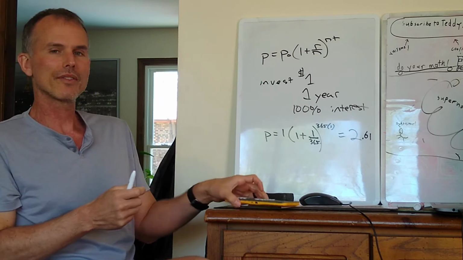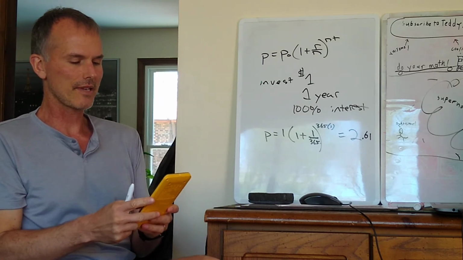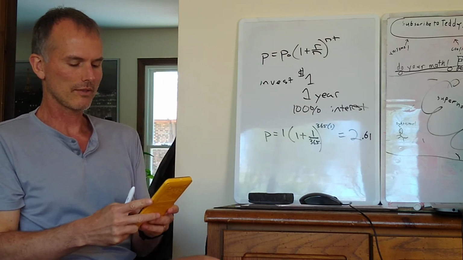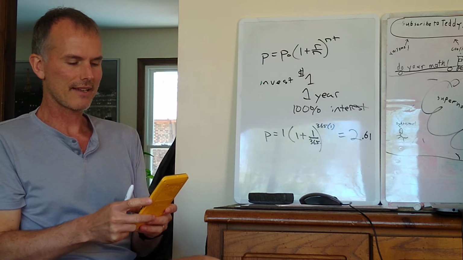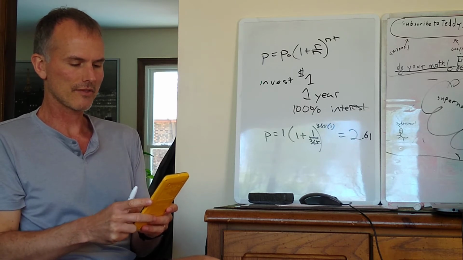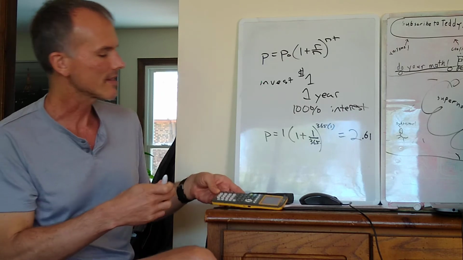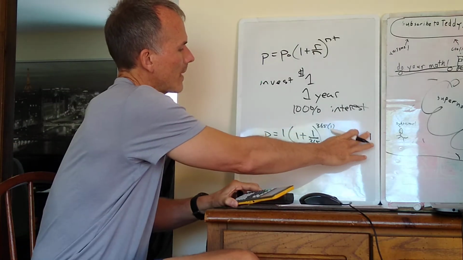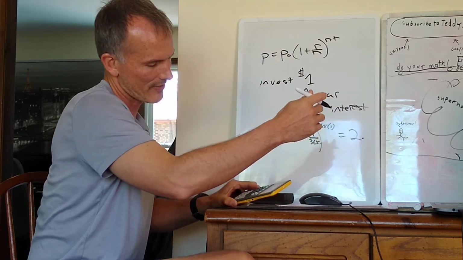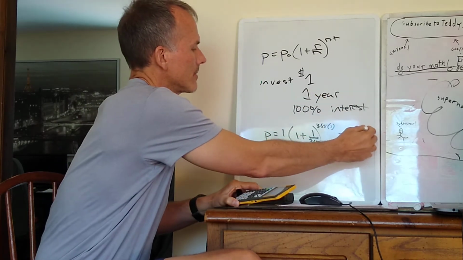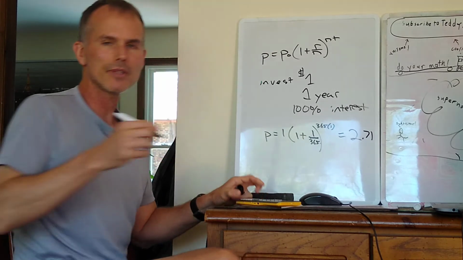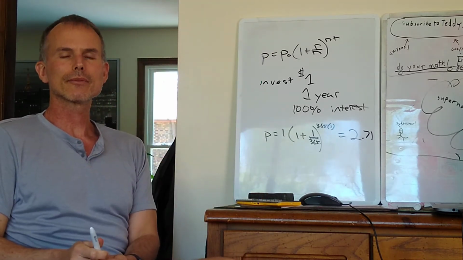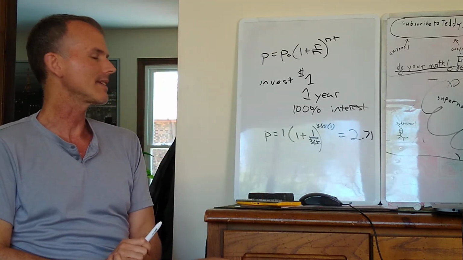Let's see what shakes out on the calculator: 1 plus 1 over 365, raised to the 365 power. This time I got 2.714, so $2.71. So we make a little more if we go from compounding monthly to compounding daily.